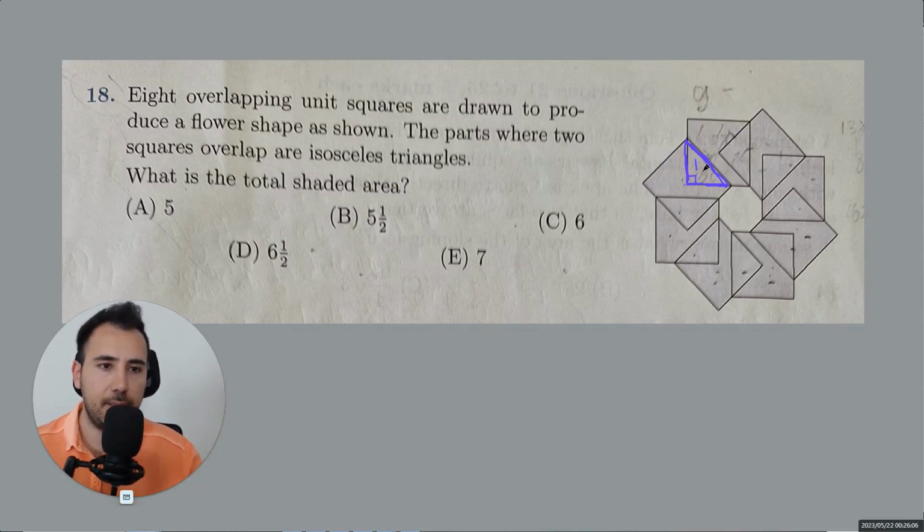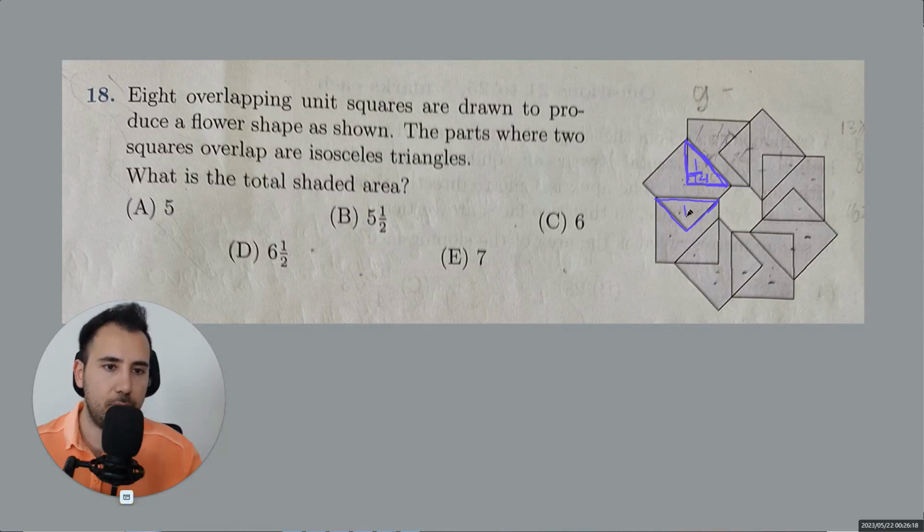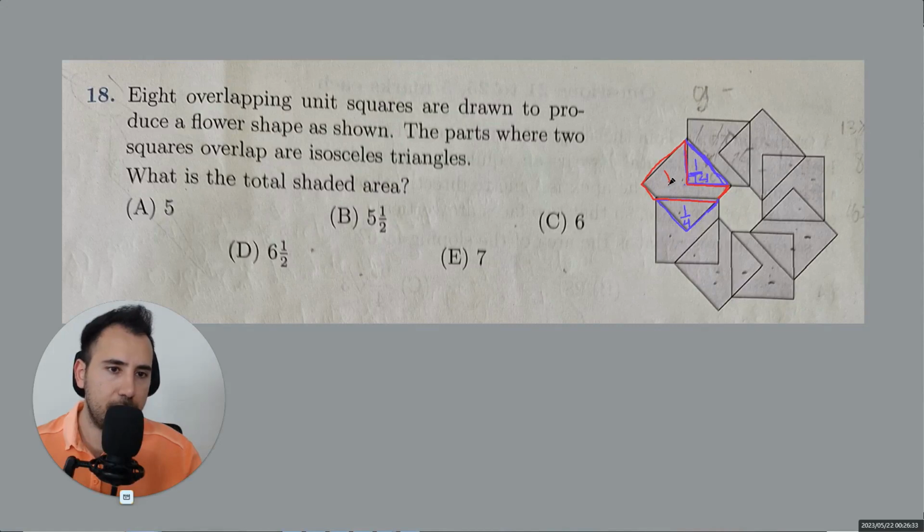I think now a lot of you can answer the question. So if this is 1/4 of 1, because the area was 1, this is also 1/4. Together, they are a half. So it means that this ridiculous shape is also 1/2.